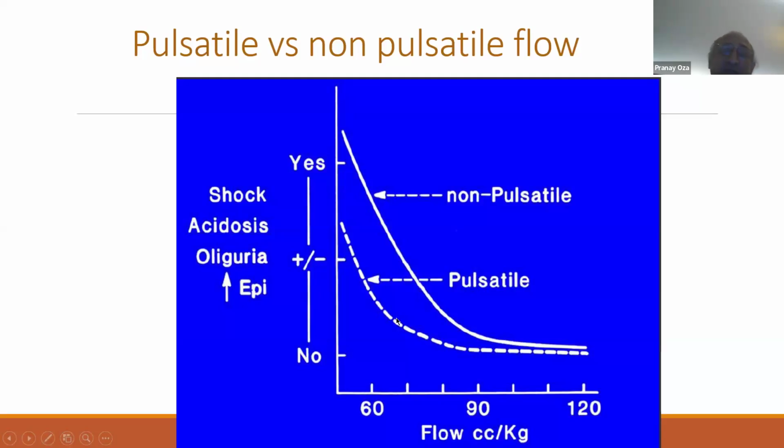So in other words, pulsatile flow, if the flow is low, can sustain hypoperfusion better as compared to non-pulsatile flow. But most important is that if there's shock and an acidotic state, even if it's non-pulsatile flow, in that case you should go for a higher flow, then the risk is going to be less.